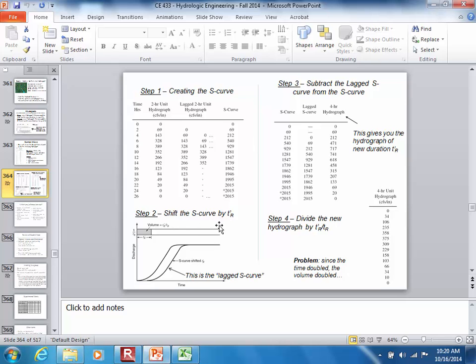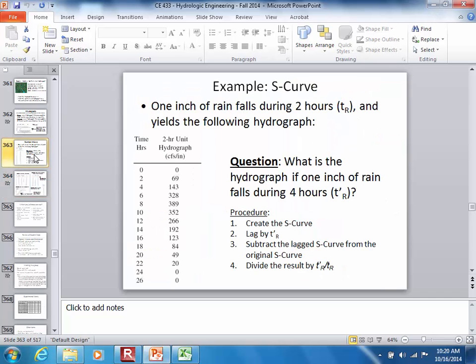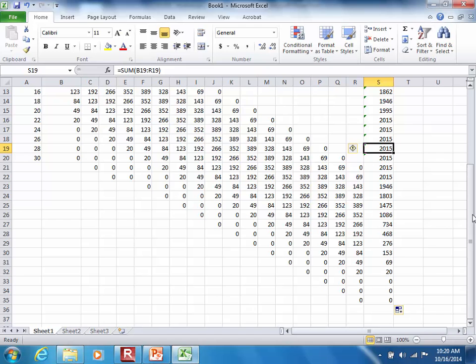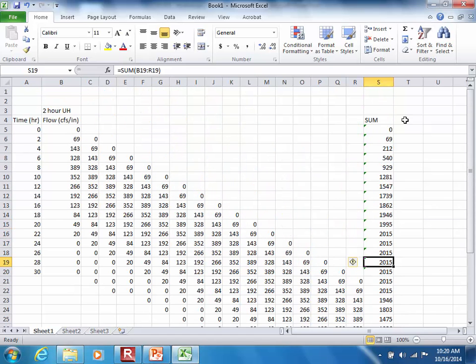We need to shift it by T prime R, which is the storm duration that you want. We want a 4-hour storm duration, so we're going to have to shift the hydrograph we've just created by T prime R. So we're going to create a copy of it and move it down.